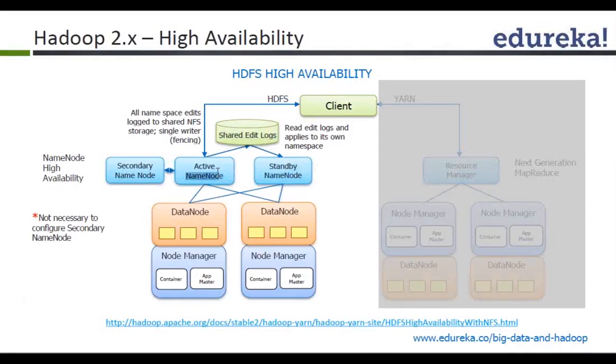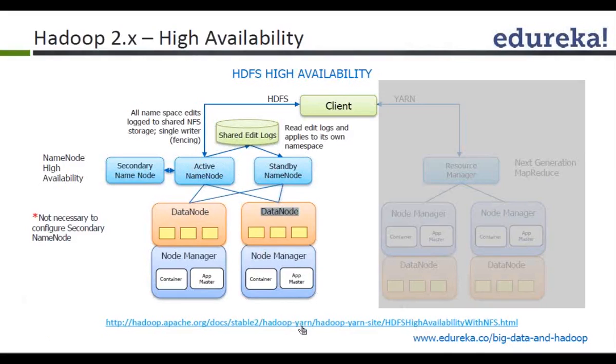That is how the active name node and the passive name node are always in sync, through something called shared edit logs. So the standby will read the edit logs and apply them to its own namespace. You can also have a secondary name node, but it is not necessary to configure it. Data nodes will keep on polling both the active and the standby name node so that the block reports go to both of them.